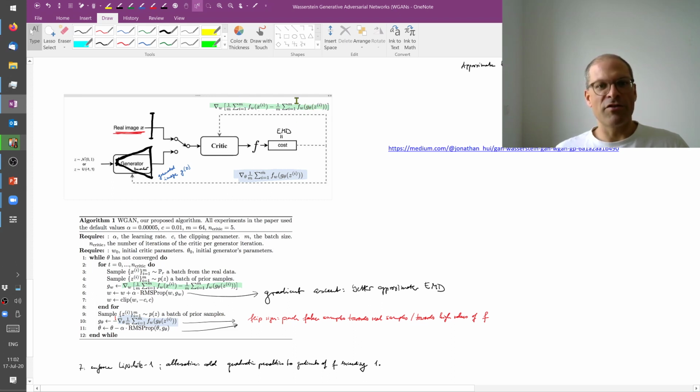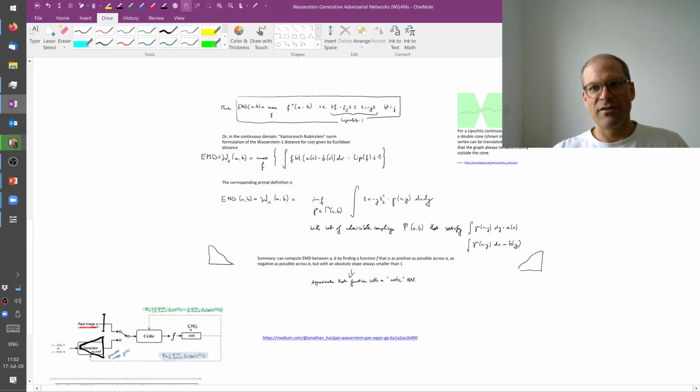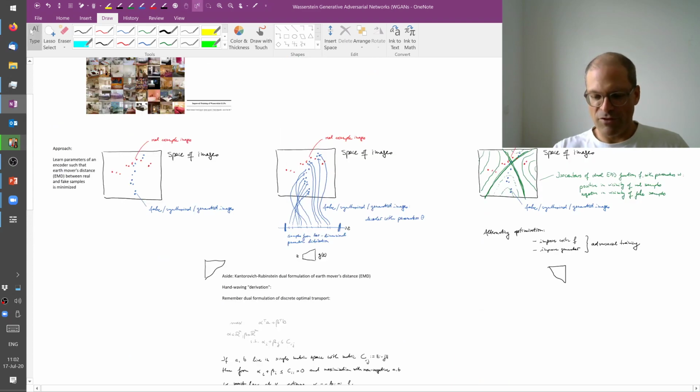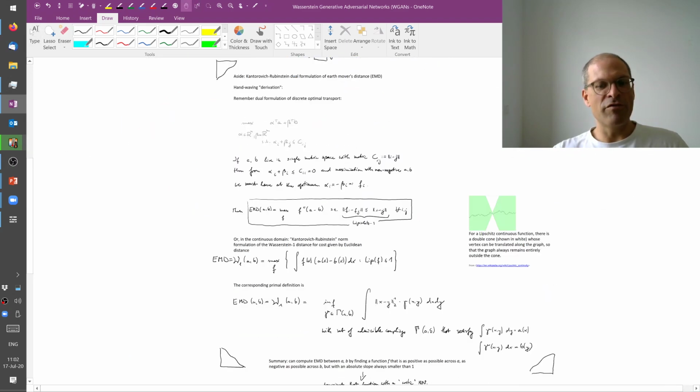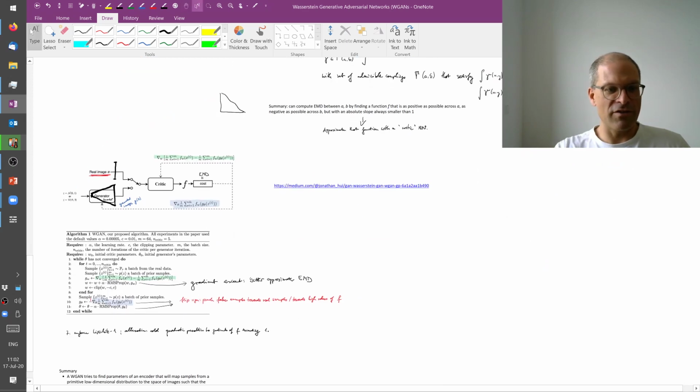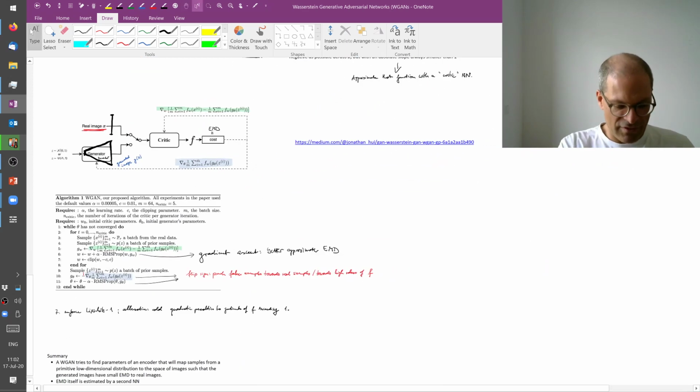So this is our estimate of the Earth mover's distance, and we take the gradient of it to understand how we need to improve the network, and that's happening here in lines 5 and 6, how to improve the network that gives us the function f, shown here in the top right, which gives us an estimate of the Earth mover's distance. So we're iteratively improving the estimate of the Earth mover's distance, and that happens in this loop here.